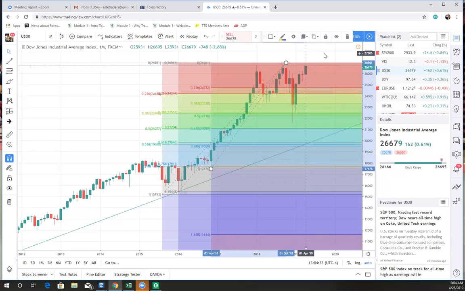However, if they're not willing to do that, and the high of 26,695 is a strong number and it creates a lower high, then you have now a lower high, and a lower low will be the next one.